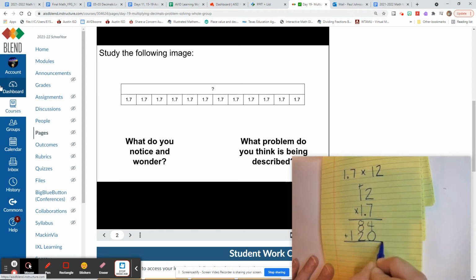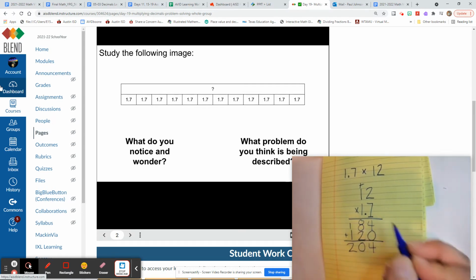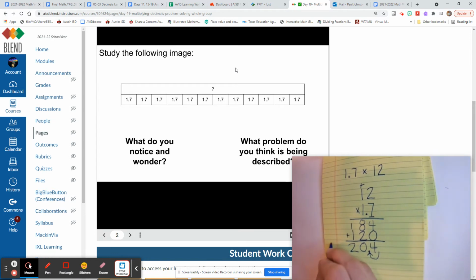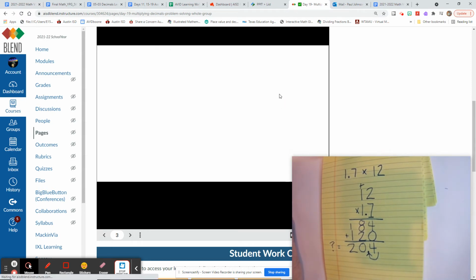We'll add this together. 8 plus 2 is 10, so I'm carrying my 1. And we have 204. We have 1 decimal place. So it's 20 4/10. All right, so this question mark equals 20 4/10.